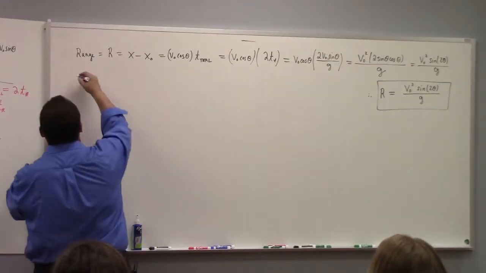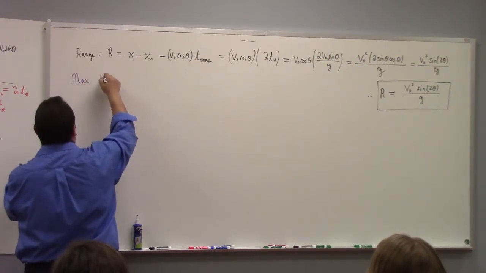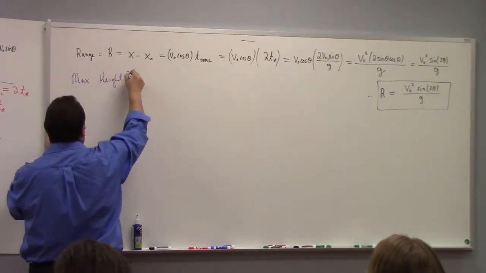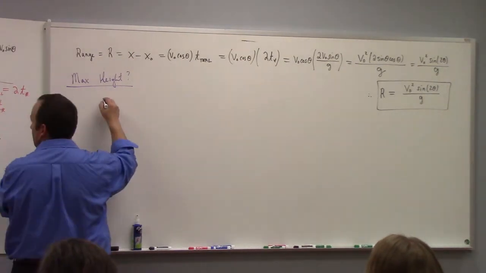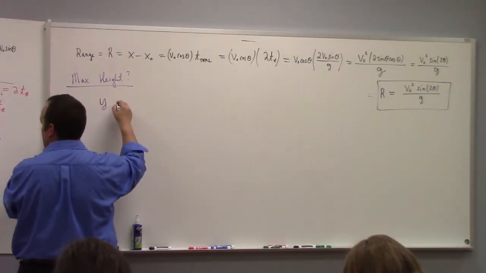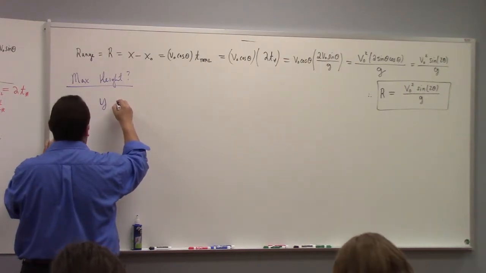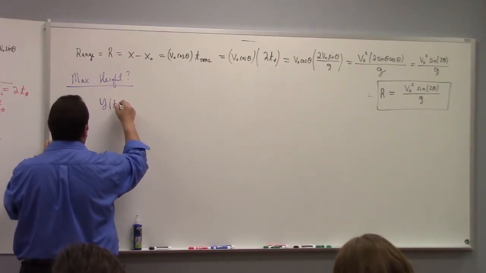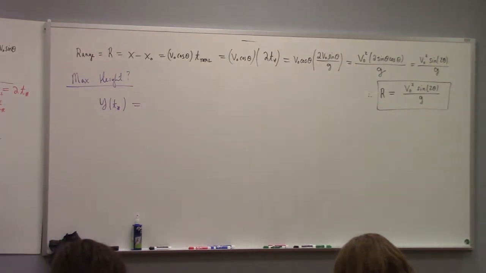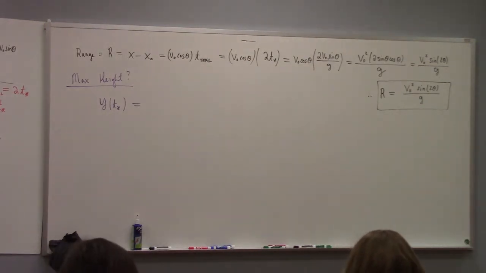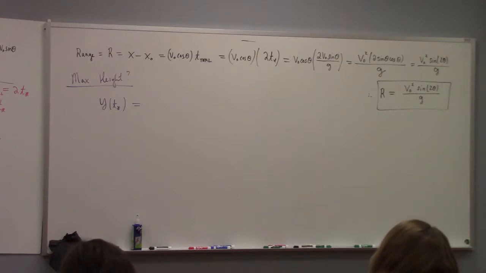What's the max height? So that would be y at t star, right? The height at t star. Since I put y equals 0 as our initial height, this is actually the change in y, the distance traveled upward.